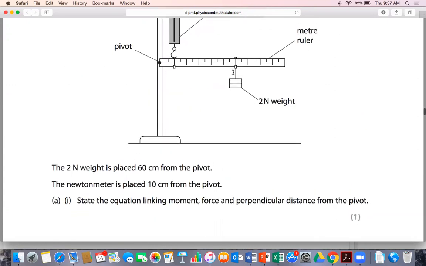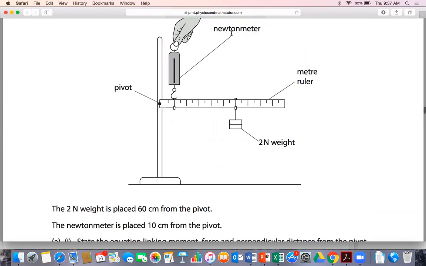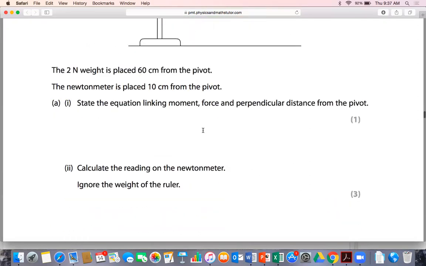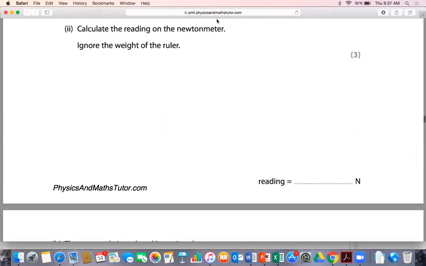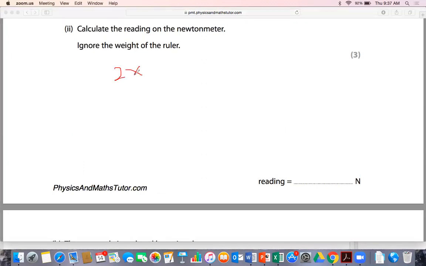Okay. So 2 Newton is with 60 centimeter. And then the force on the Newton meter, which is what we want to find, is with 10. So if we equate it, you should get something like this. 2 Newton times 60, because moment is force times perpendicular distance from pivot.